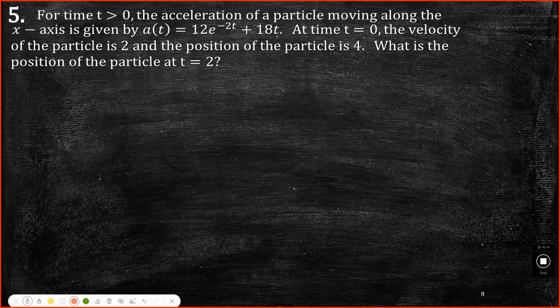You want to do it? So we're going to do what? V of what? What are we trying to find? What is the position of the particle at t equal to 2? V of t, because we only have, so what's this? 0 plus what?